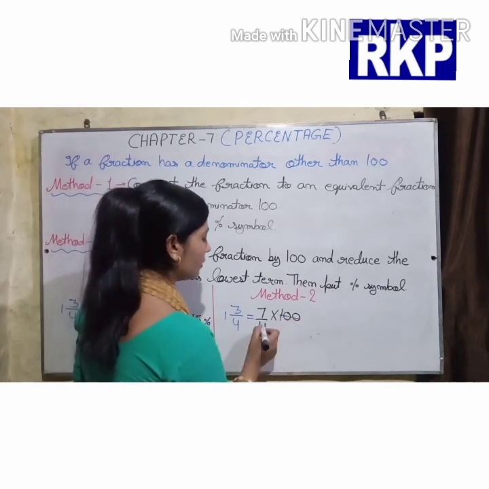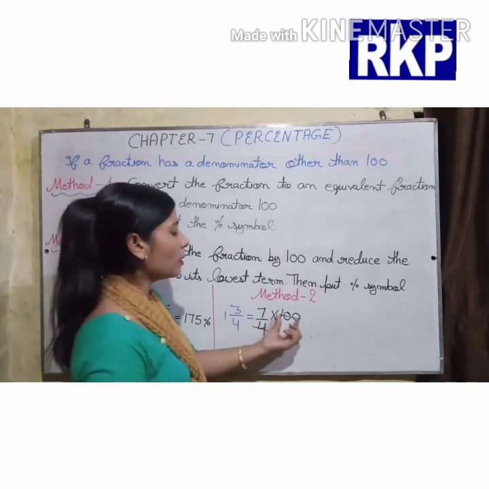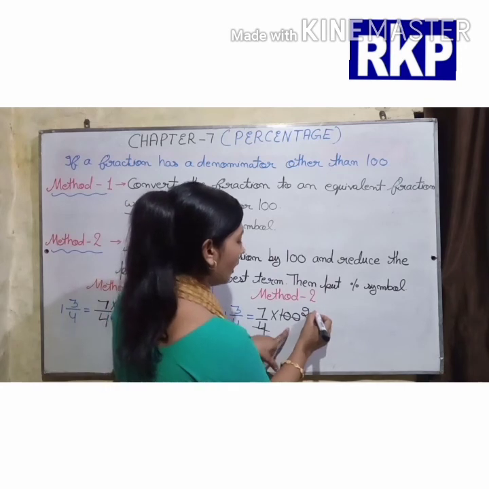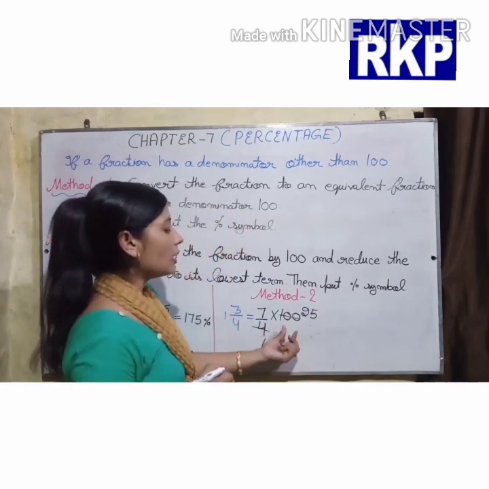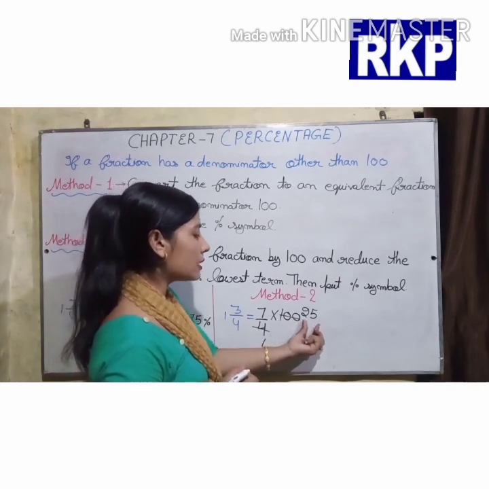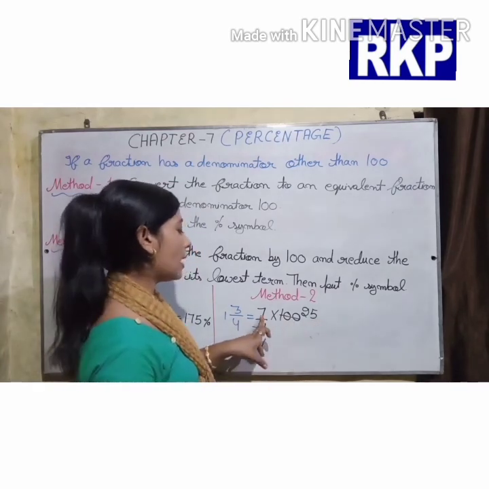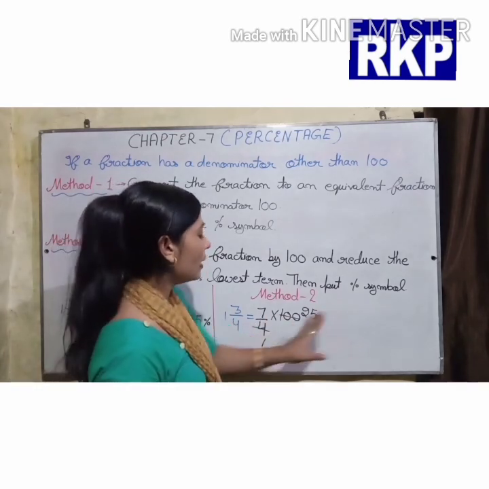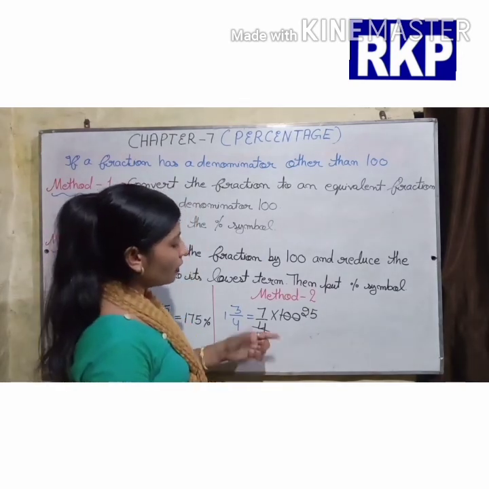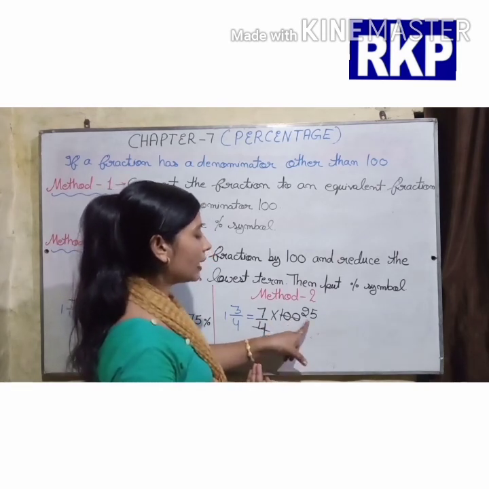So we can cut 100 and 4 directly by 4 also, because both are divisible by 4. 4 ones are 4 and 4 fives are 20. Means if we divide 100 by 4, then we get 25 as a quotient. So now what did we do beta, we did not multiply 7 and 100 first. Before that, we converted it into the simplest form. So here if we divide 100 by 4, we get 25.